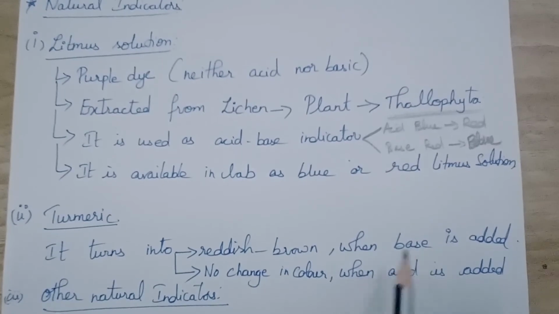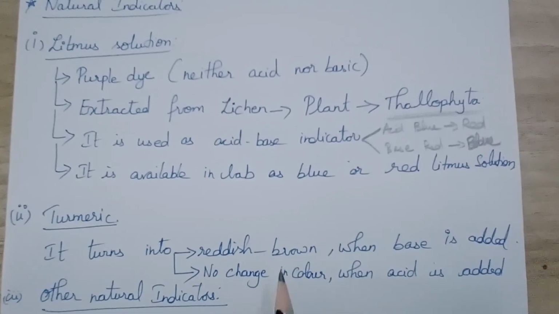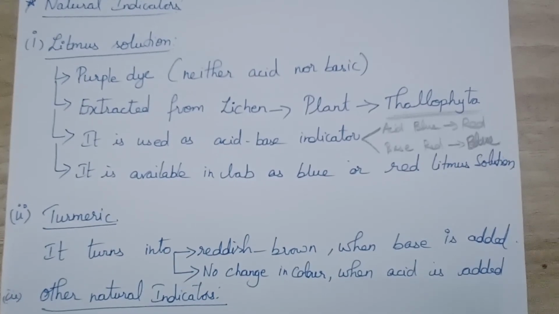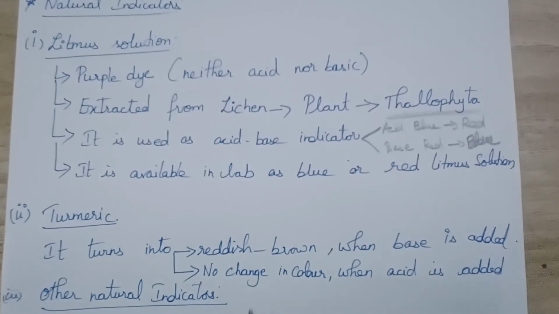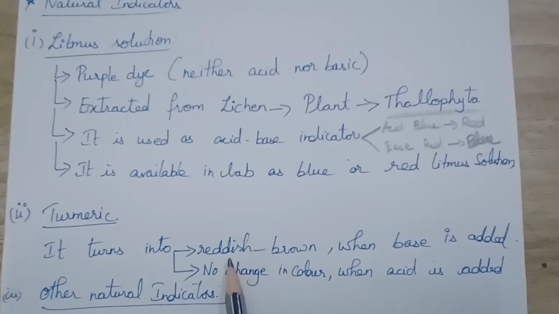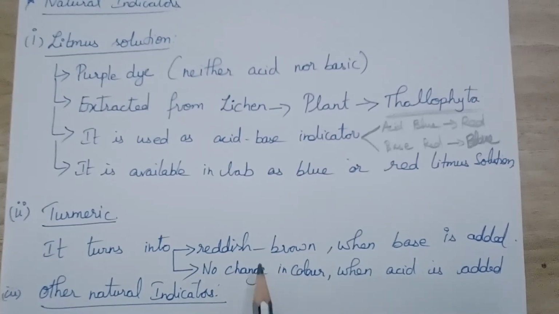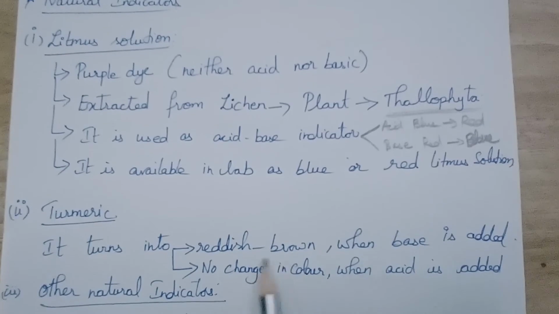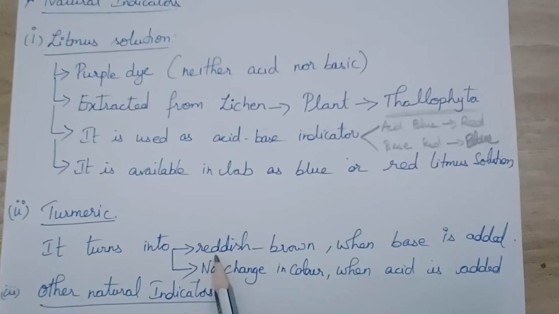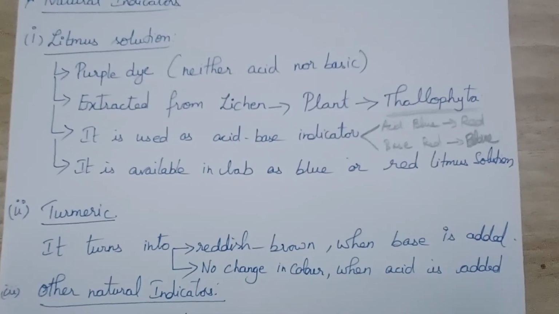If turmeric is spilled on your dress and you wash with soap, the moment you apply the soap, the yellow color changes to reddish brown. You may have noticed that. Once you rinse off the soap, the stain either goes or the yellow color returns. So when base is added, the yellow turmeric turns reddish brown. When acid is added, there is no change; it stays yellow.